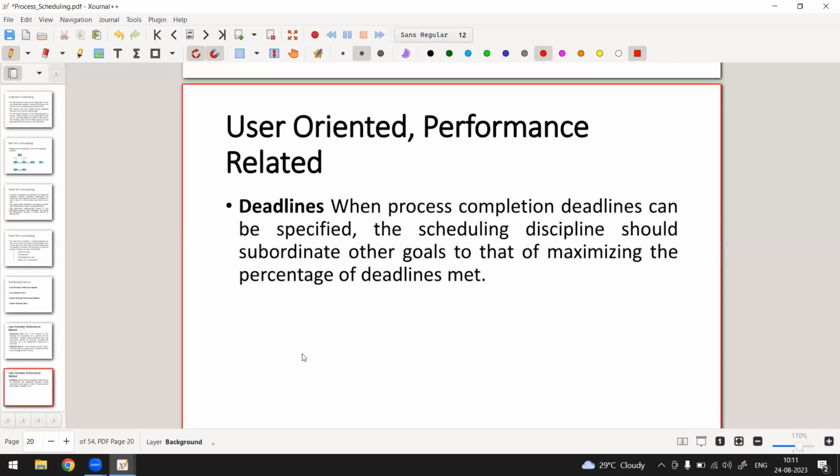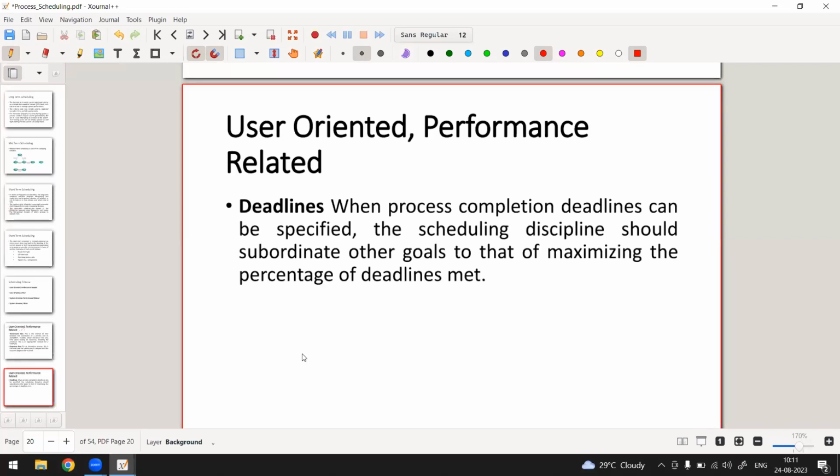So suppose I am given the deadline that within 2 months I have to complete my syllabus. So accordingly I have to schedule my lectures. If I feel that 2 lectures are not enough, I have to schedule more lectures. So that is the meaning of deadline.